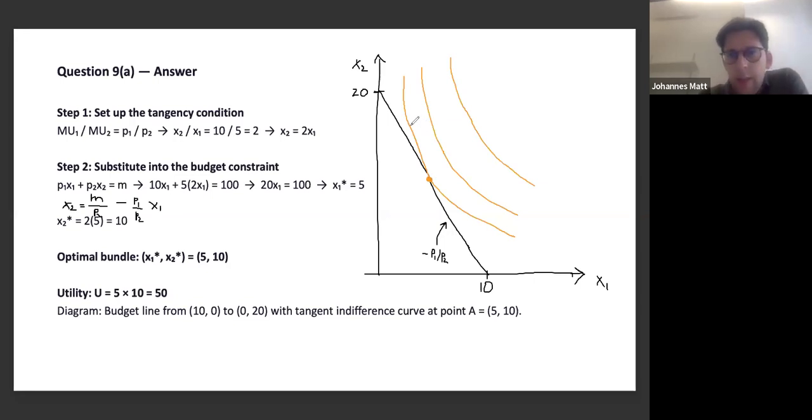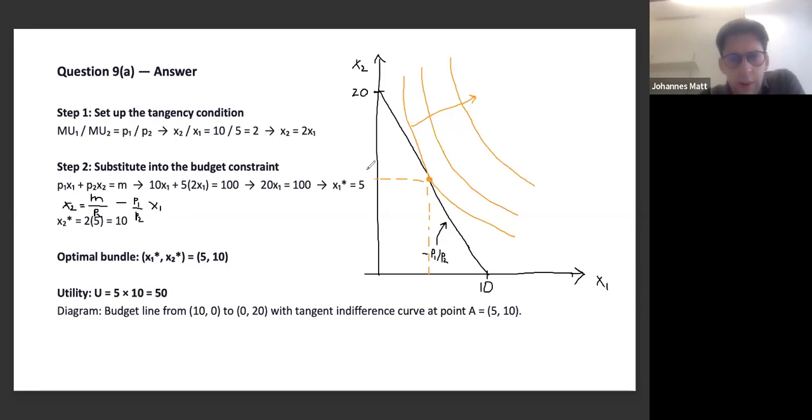So my utility levels are increasing in this direction, right? So every curve stands for a higher utility level, and I'm going to pick the one that I can just afford, which is the one that just touches this line. And that defines a point here at which I'm going to be consuming the utility maximizing quantity, right?